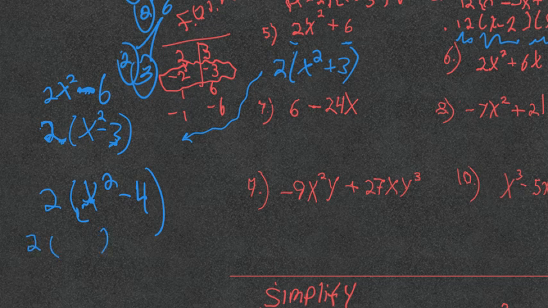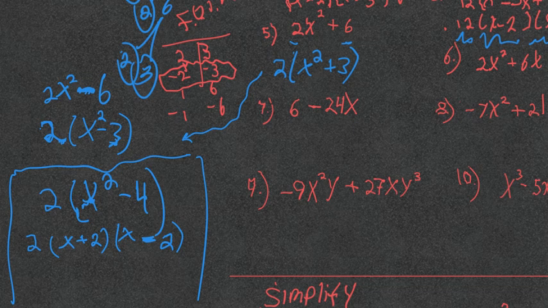This is a really special case that you learned in Algebra 1, where you take the x's, and here you have plus 2, minus 2, okay? And that would be the final answer if I give you, say, 2x squared minus 8, right, as an original problem. This would be, you would do this for step 1, and then you would do this for step 2.